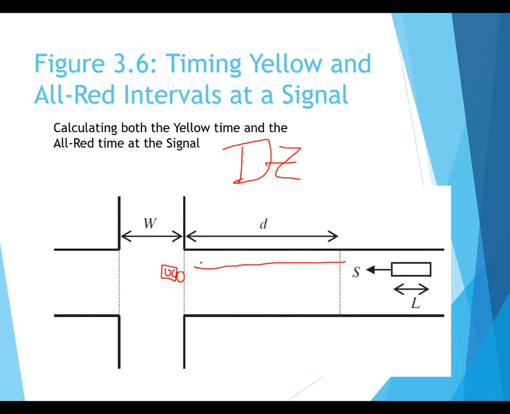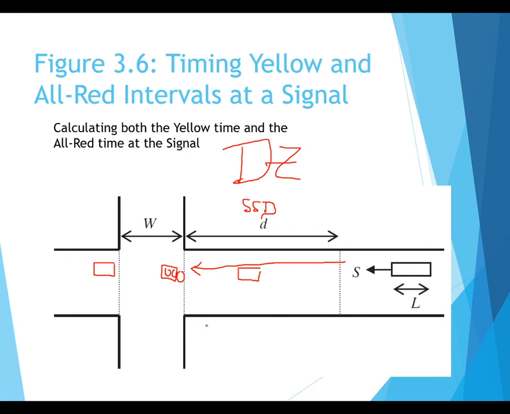Is it safe for him to stop? We use the stopping sight distance to define that. But what if this driver was here? We want this driver to safely approach the intersection, cross it while yellow, and get away while yellow.